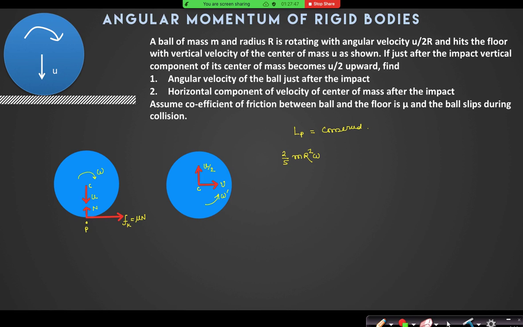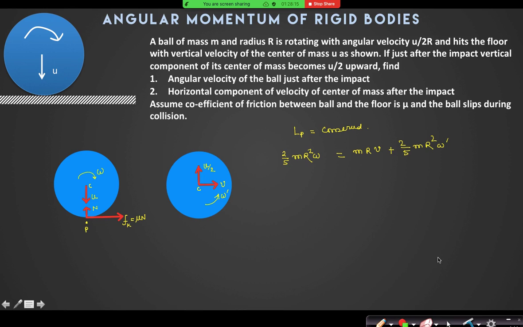I_C omega is in the minus k cap direction, and finally it is mrv plus 2 by 5 mr square omega prime. Can I say that?